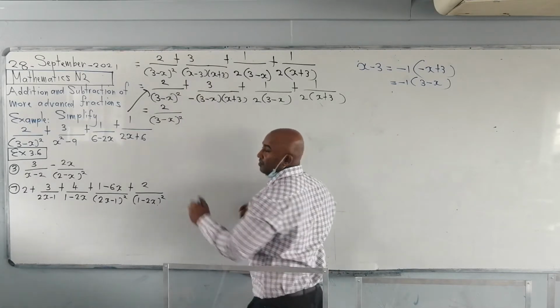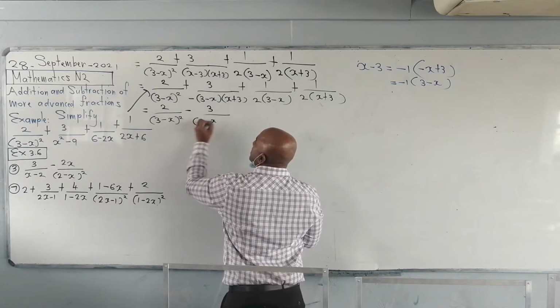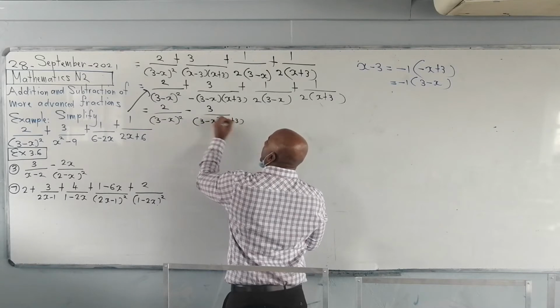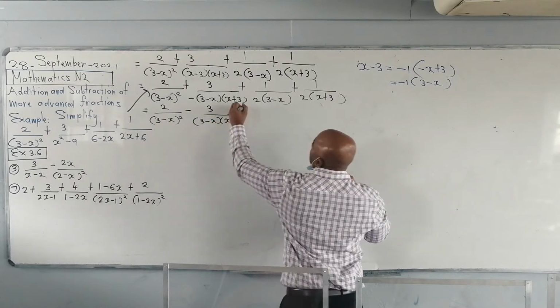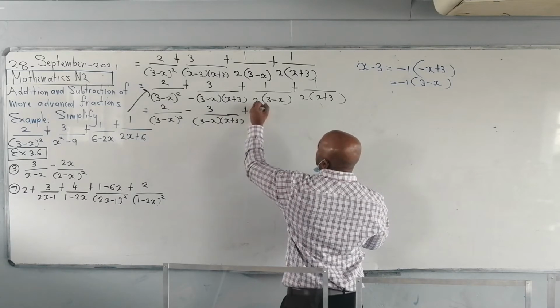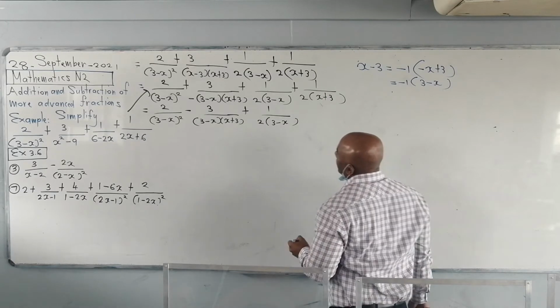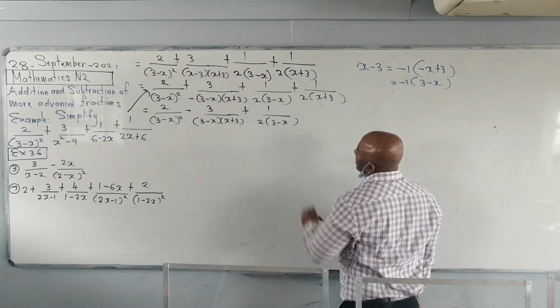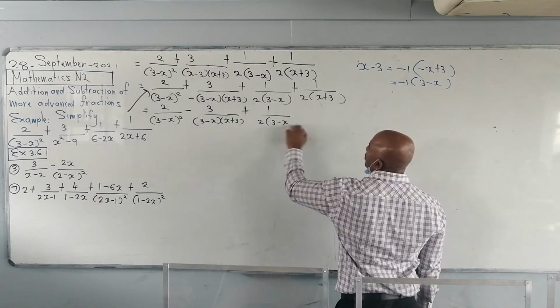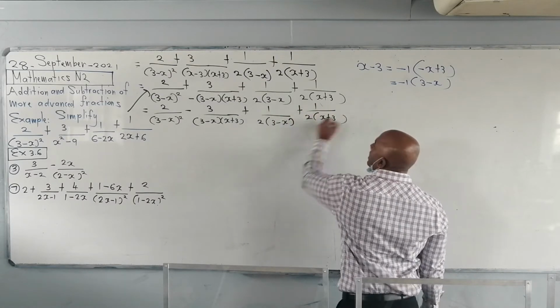Positive divided by negative is a negative 3 all over 3 minus x, x plus 3, plus here. This was already 3 minus x. And this is as it is, there's nothing to do with it. Plus 1 over 2 times x plus 3.